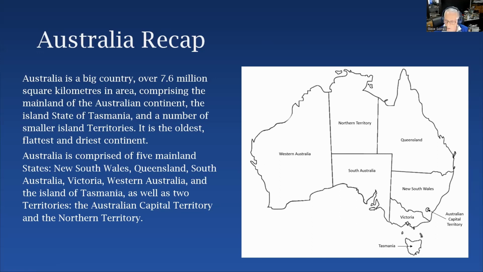And there's a few other territories as well, but much smaller. So Christmas Island is one in the Indian Ocean, Heard Island, which is within the Antarctic Circle, and a couple of others. But from a mineral perspective, the vast majority are from the mainland or Tasmania.